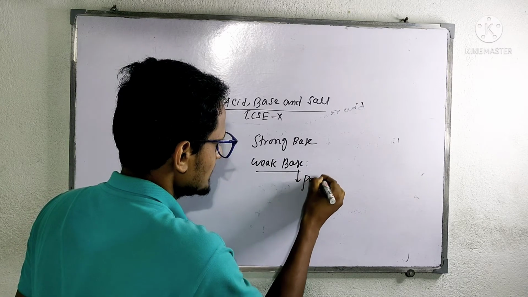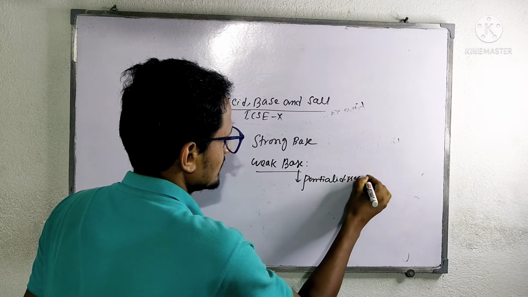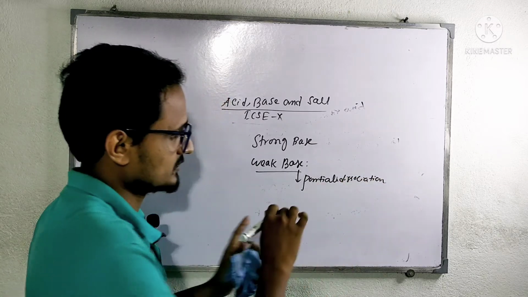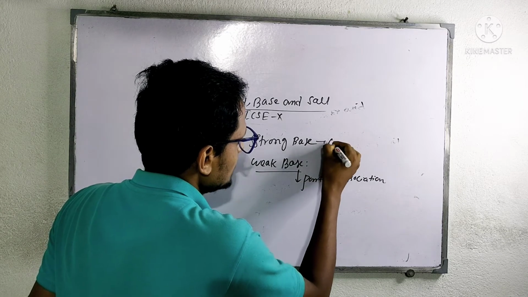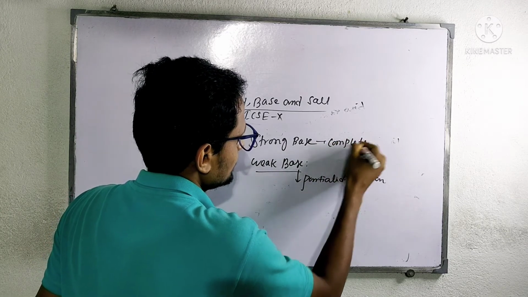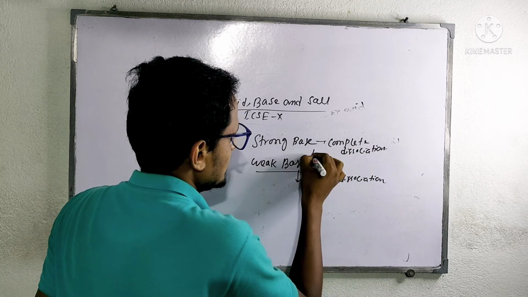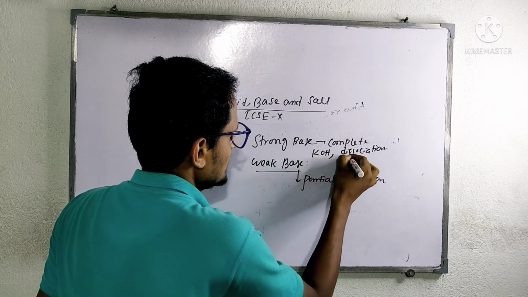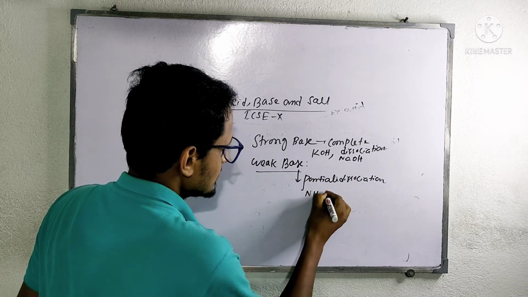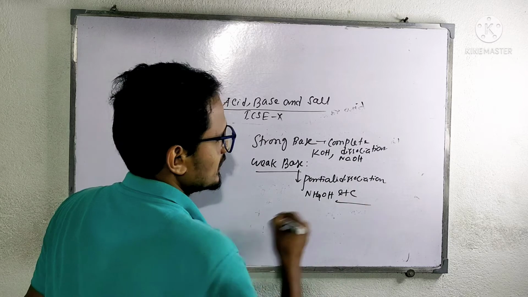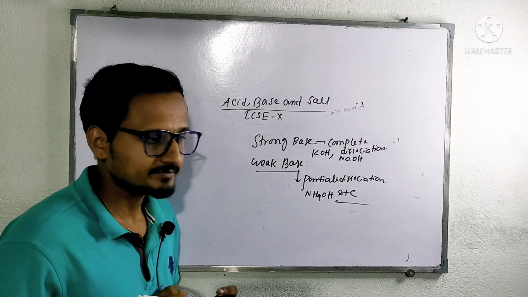KOH and NaOH are strong bases, and ammonium hydroxide is an example of a weak base. So these examples are important.